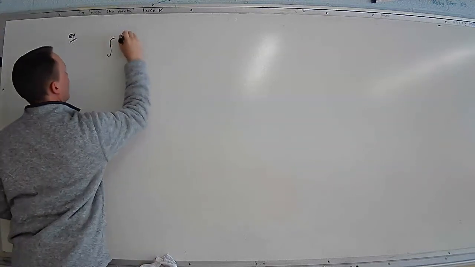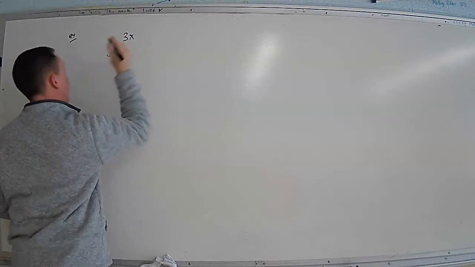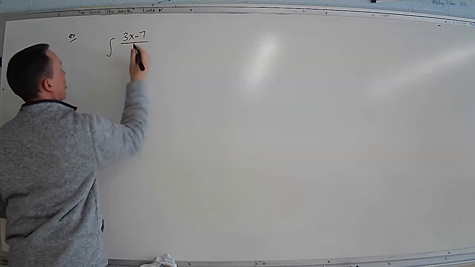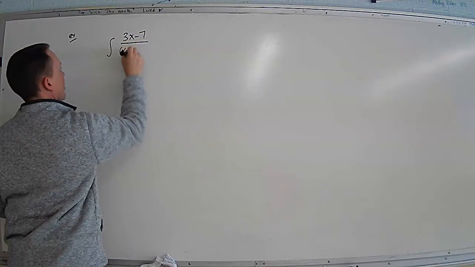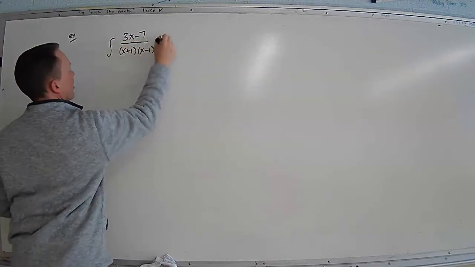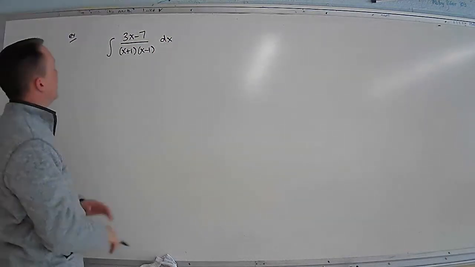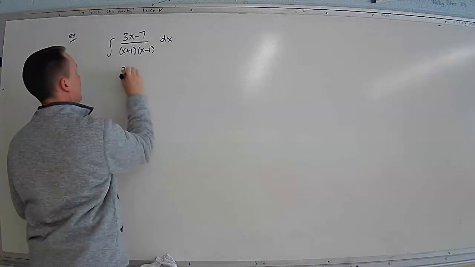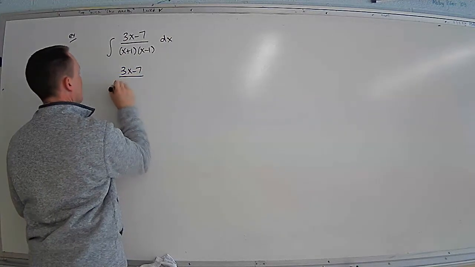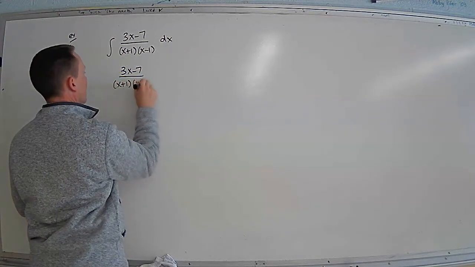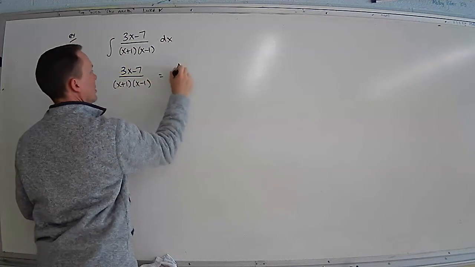Let's try another one. How about 3x minus 7 over x plus 1 times x minus 1. That's not going to factor because I got a prime number there in the end. So we're going to break up the integrand into partial fractions.